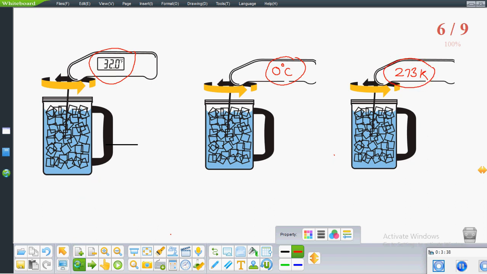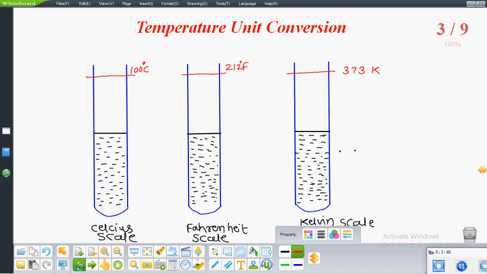So I just plot the three readings here. This is the first reading, 0 degree centigrade. This is the Fahrenheit scale reading, 32 degrees Fahrenheit. This is 273 degrees Kelvin, right?